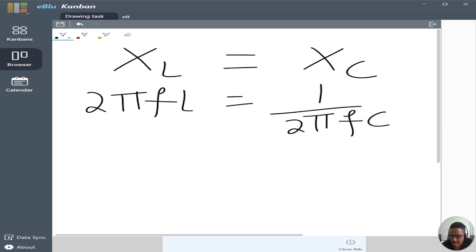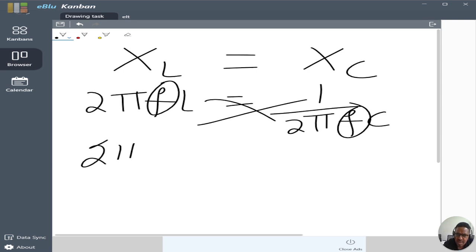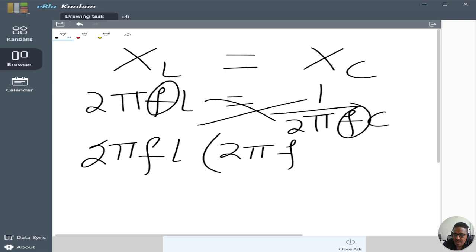To get the natural frequency, or resonant frequency, let's cross-multiply to simplify: 2 pi FL multiplied by 2 pi FC equals 1. As the unity factor, we get the resonant frequency.